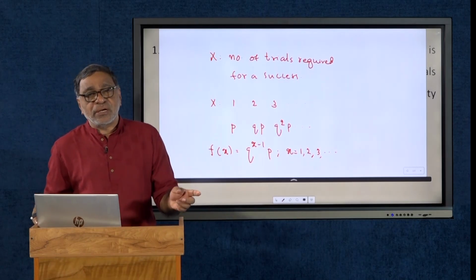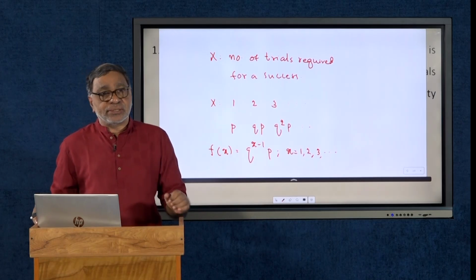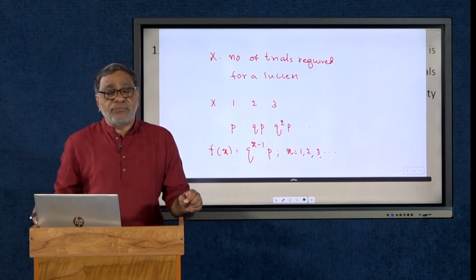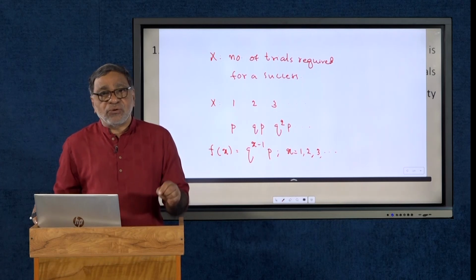Earlier we had the random variable x, the number of failures preceding the first success.